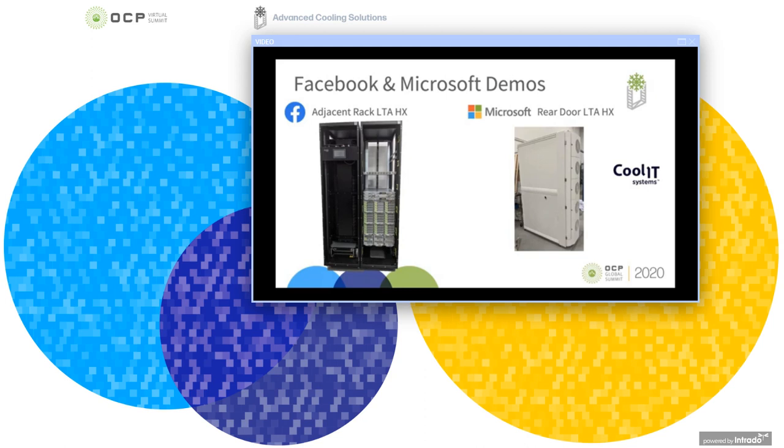To test the AALC concepts, CoolIT collaborated with our friends at Coolterra to design both an adjacent rack and a rear door heat exchanger based system. On the left-hand side of the screen, the adjacent rack liquid-to-air heat exchanger is CoolIT Systems Rack DLC AHX35. This is a modular solution comprised of the RPU and a 35 kilowatt liquid-to-air heat exchanger mounted inside an open rack V3 frame.